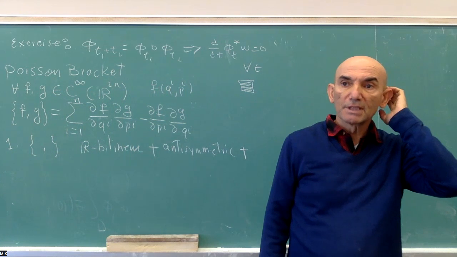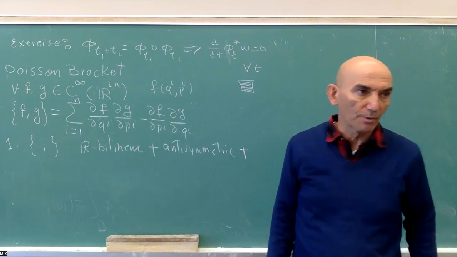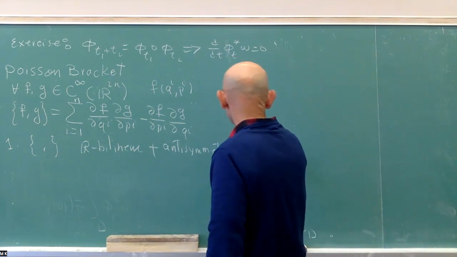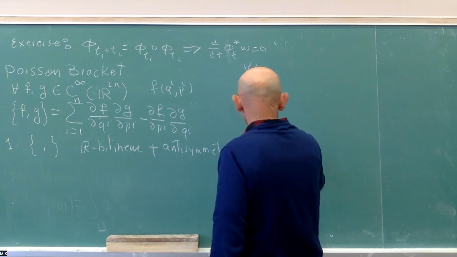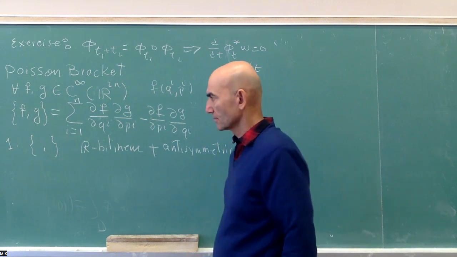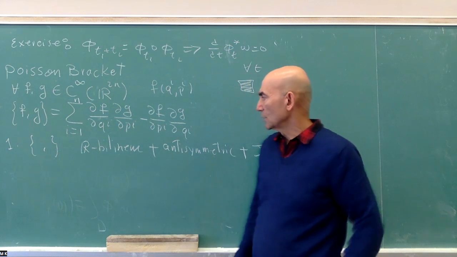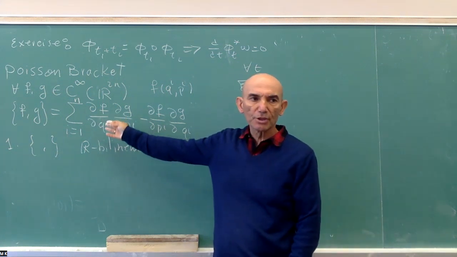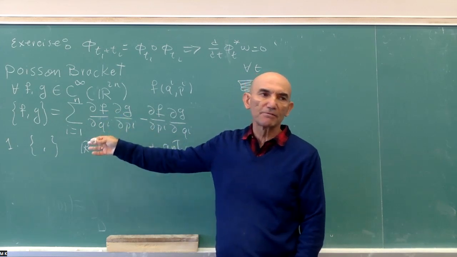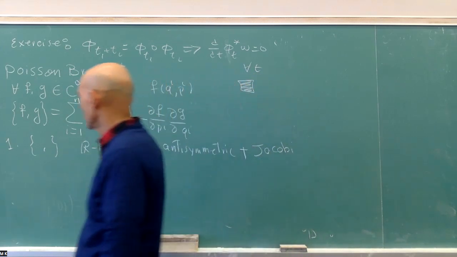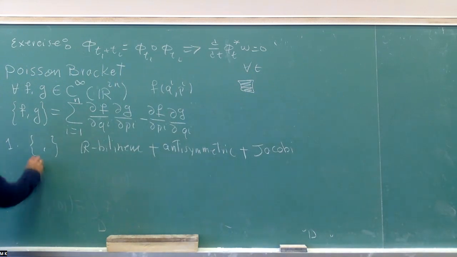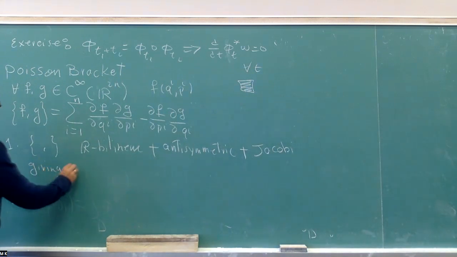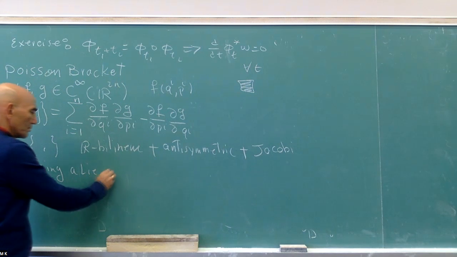The third property is that it's actually a Lie algebra bracket, plus Jacobi identity. So basically what we're saying is that this defines a Lie algebra structure on this infinite dimensional space C infinity of R^2n.